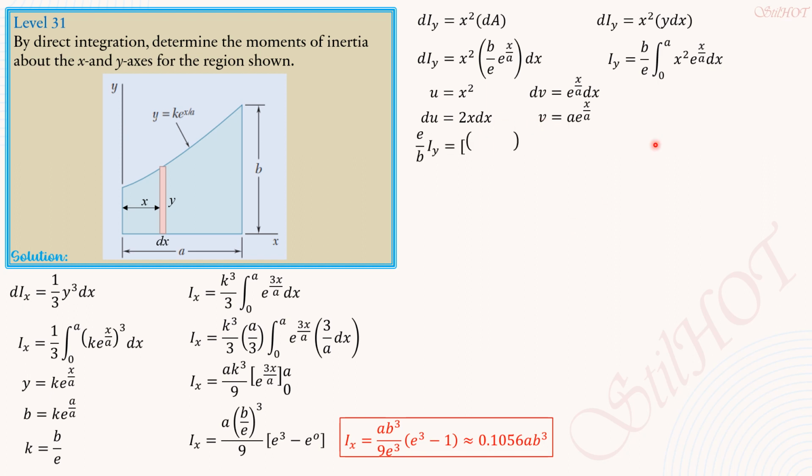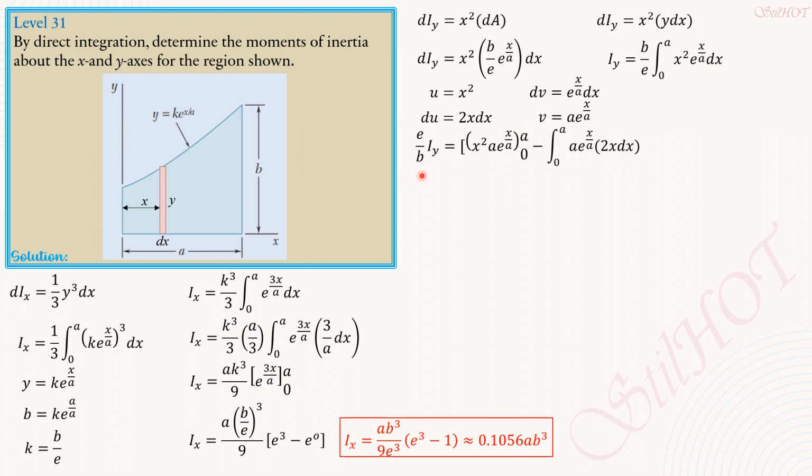So e over b Iy equals uv, x squared a e^(x/a) from 0 to a, minus integral of v du. This is v, a e^(x/a), and du is 2x dx.